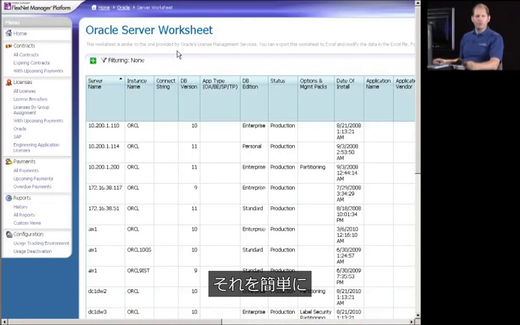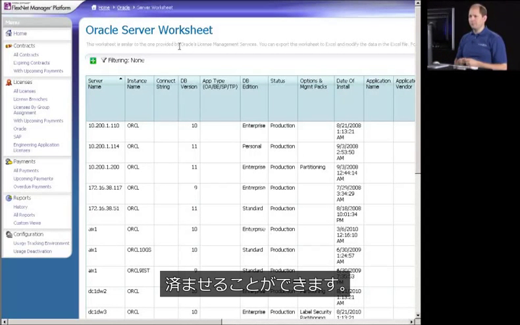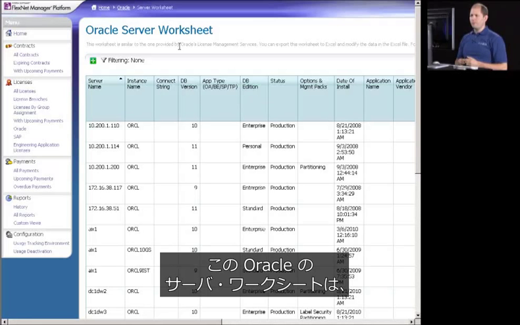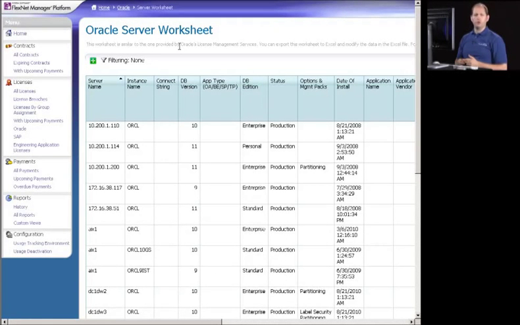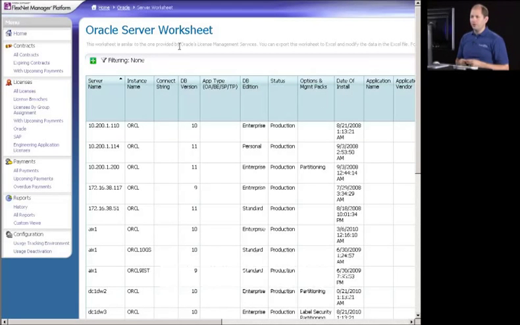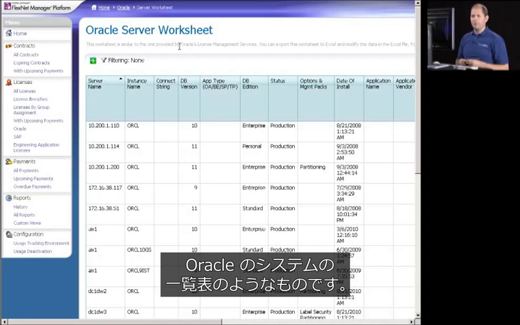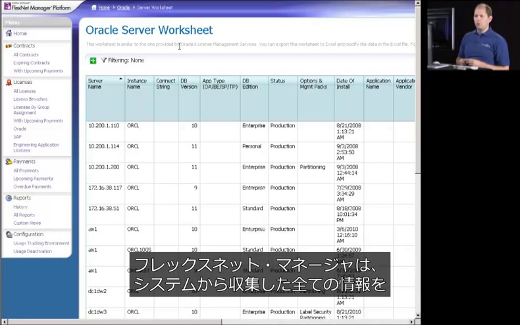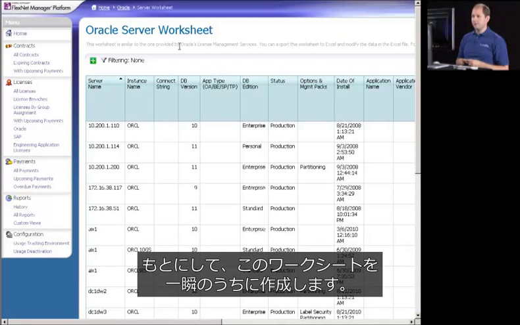The Oracle Server Worksheet is one of those reports that Oracle actually asks their customers to fill out for them. This is to report on the kinds of licenses that you're using from Oracle, and it's basically a complete inventory of all of the Oracle systems in your environment. We can provide this report on an instant basis based on all the information we're collecting from the systems.